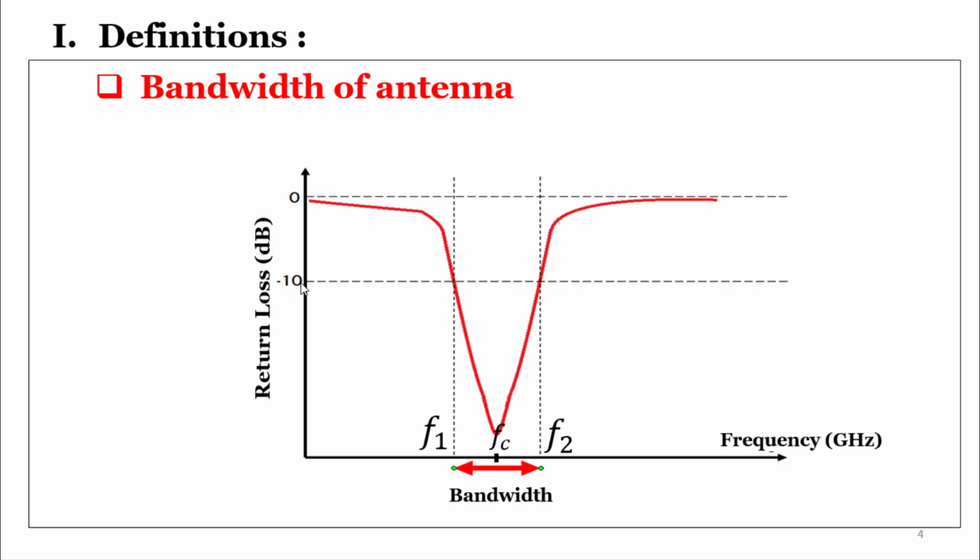We represent the return loss as a function of frequency, and we take the value at 10 decibel. For antennas we talk about 10 decibel, but for other examples we can find 6 decibel or 15 decibel. It depends on the application, but the popular value is 10 decibel.